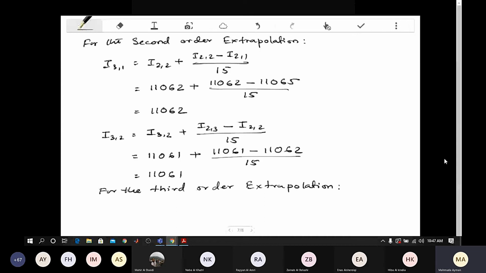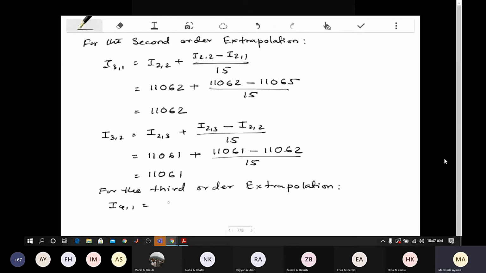So for this we have I4,1, and I still made a mistake here; that's supposed to be I2,3.